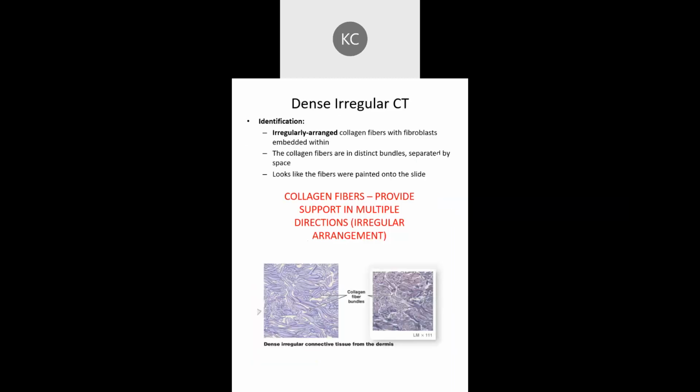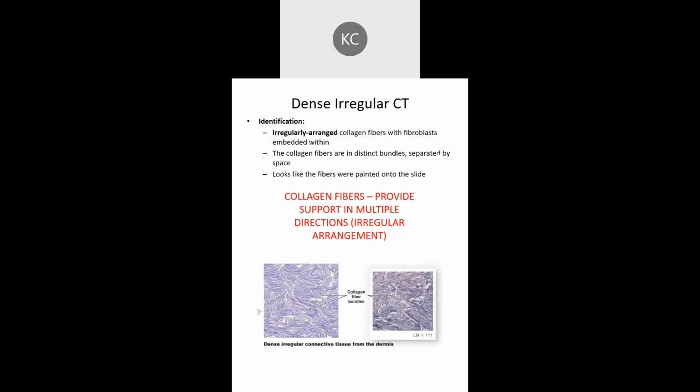All right. So if we know that dense regular, all the collagen fibers are oriented in a single plane, right, parallel to one another, then dense irregular is probably the exact opposite of that. So instead of in one single parallel plane, they're all arranged in a non-parallel fashion. So in other words, they're irregularly arranged, okay? So some may be going vertically, some may be going horizontally, some may be running diagonally or obliquely.